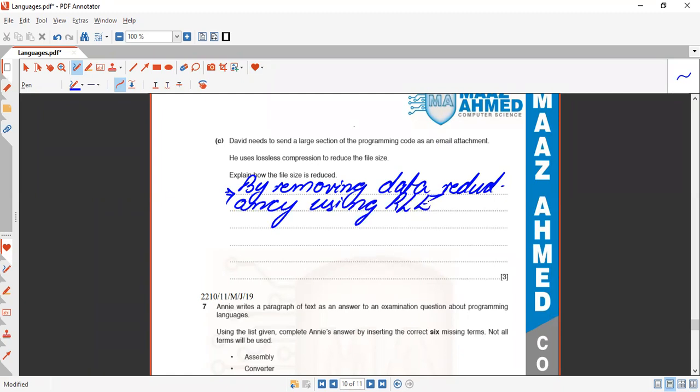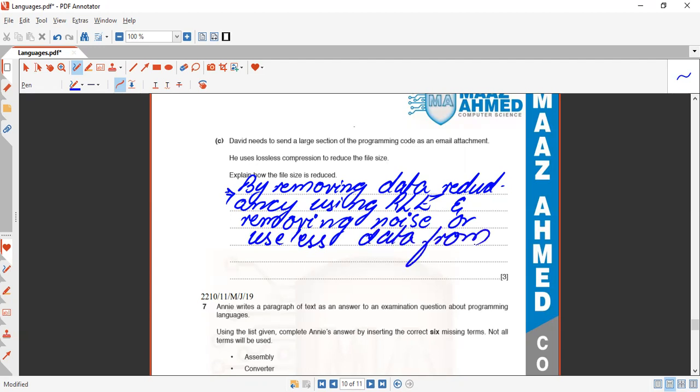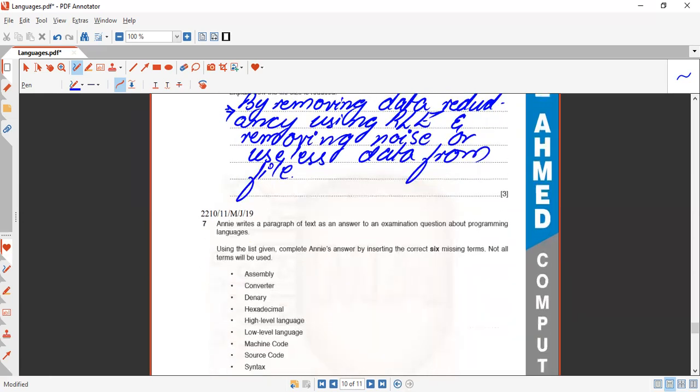By removing data redundancy using RLE. What other things can be done? You can remove noise or useless data from it.